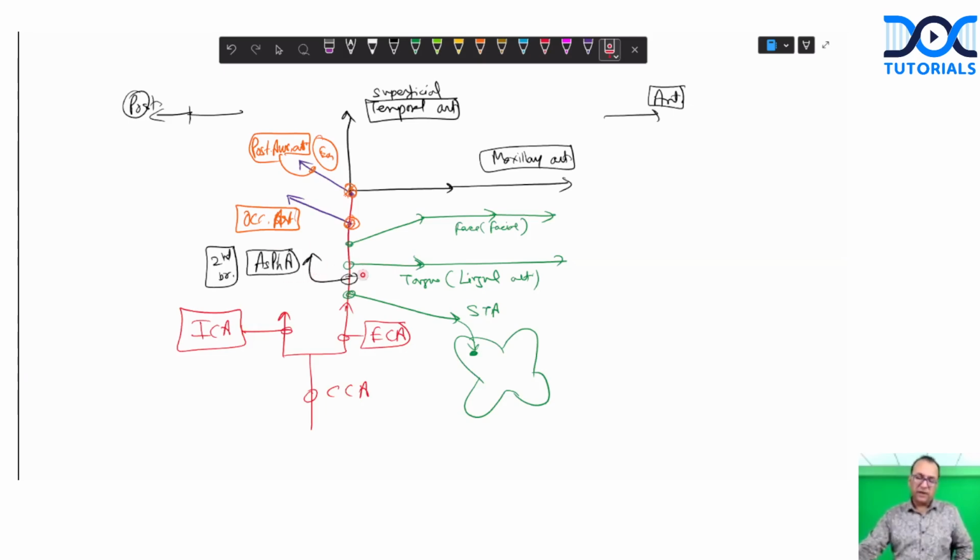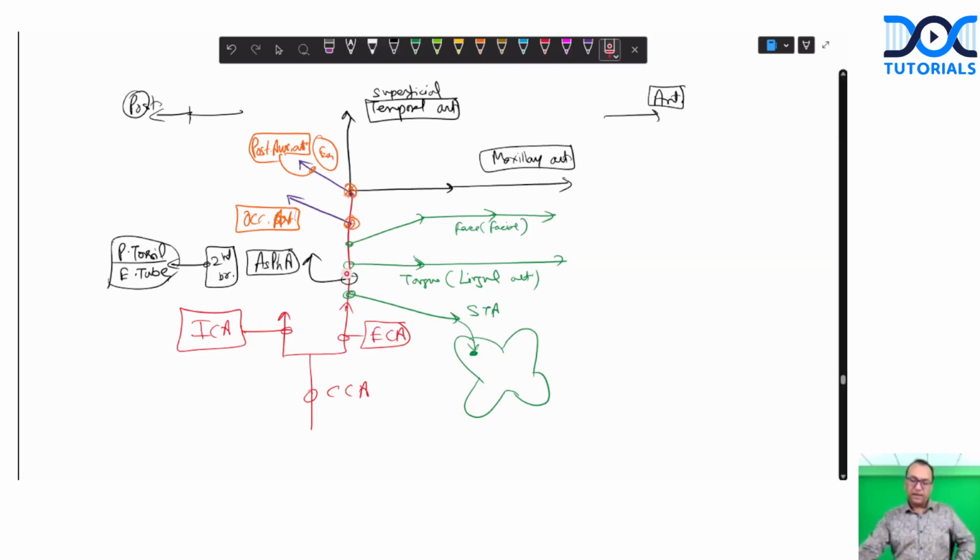Now, this ascending pharyngeal artery supplies the pharynx. The name is telling it will supply the pharynx, but not only the pharynx. It is supplying the palatine tonsil and eustachian tube also. So it supplies three things. First of all, it is a medial branch.